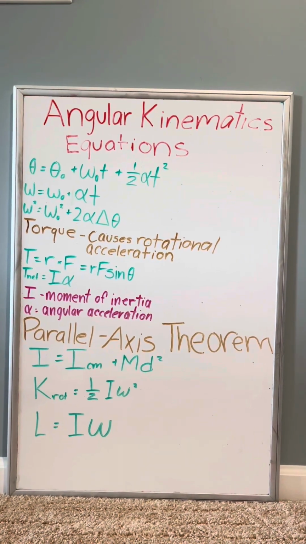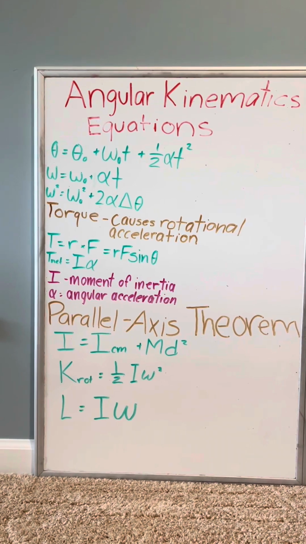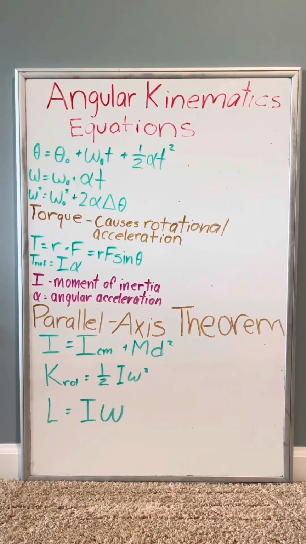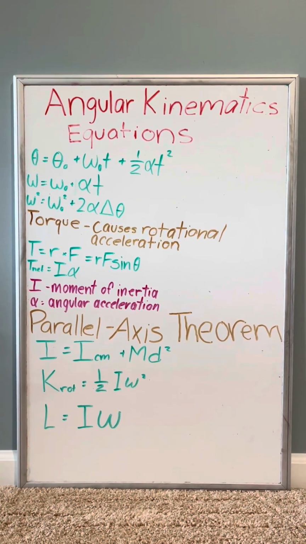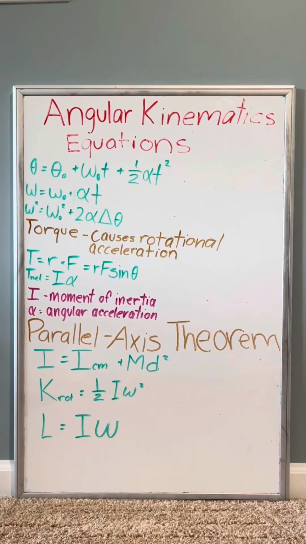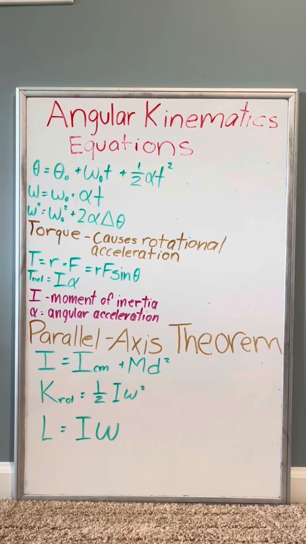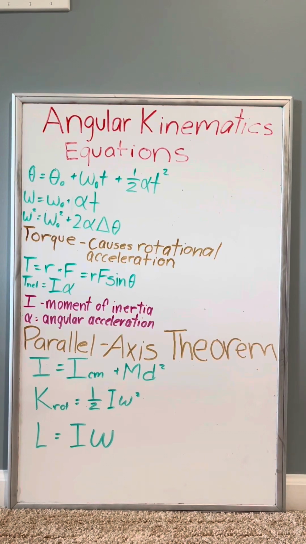So rotational motion also has a version of Newton's second law, and that equation is torque net equals I alpha, where I is the moment of inertia and alpha is angular acceleration. Moment of inertia has a different equation for different types of shapes.